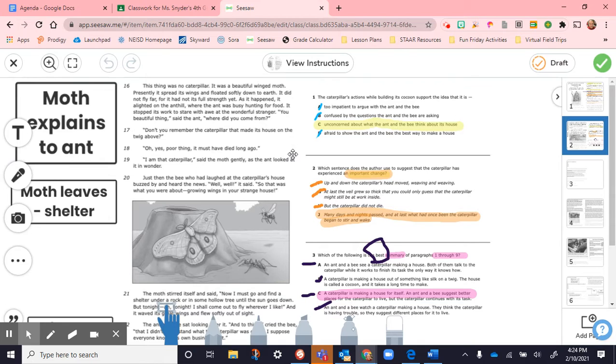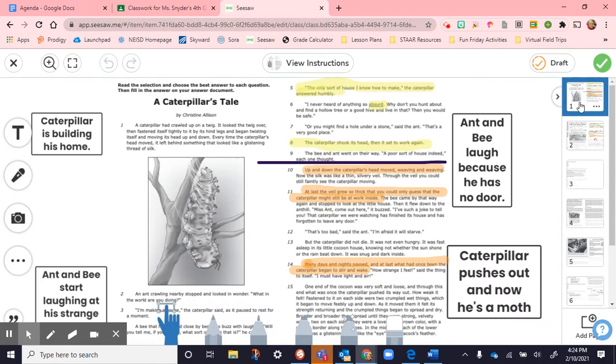So the first one says, the caterpillar's actions while building its cocoon support the idea that it is, and we said that it was unconcerned about what the ant and the bee think about its house. So we went back and we looked at some evidence.